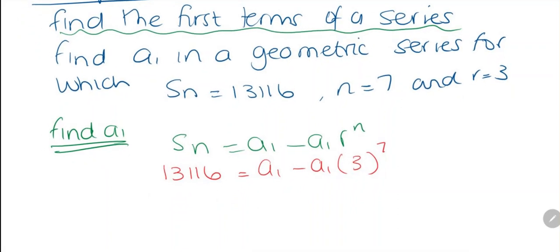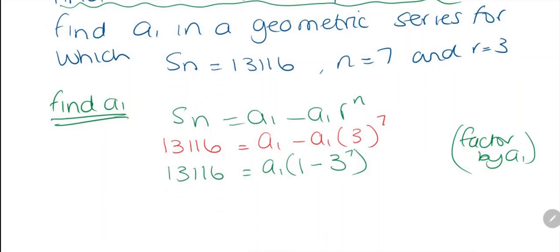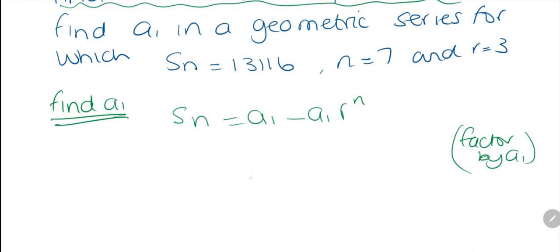What we can do is factor. So we're going to factor by a1. So we'll have a1 times 1 minus 3 to the power 7. And I forgot to do the divide, so this is actually dividing. So let's go back. This is divided by 1 minus r. So let's try again.